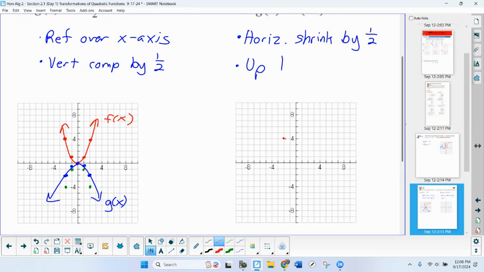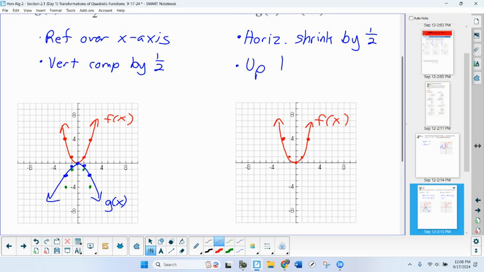Okay. What's negative 1 squared? 1. What's 0 squared? 0. What's 1 squared? 1. And what's 2 squared? Not 2. 4. Okay. And there's your parent function. So those 5 points need to be there.